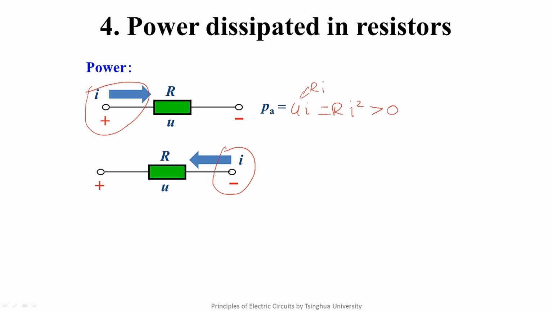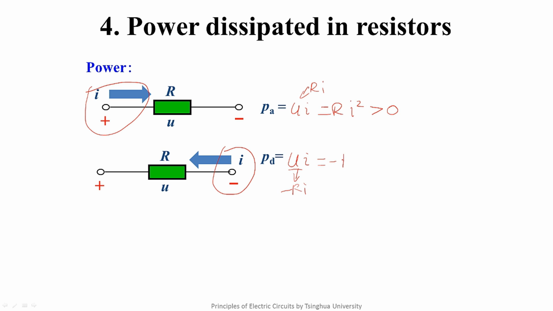Nonetheless, if we mark the non-associated reference directions, that is, a current flowing into the element from the negative terminal, based on the discussion on the power in our previous lecture, we have two different ways. The first is U times I, but at this time, Ohm's law on the resistance is no longer U equals R times I. The reference directions of U and I for the resistor R are non-associated.